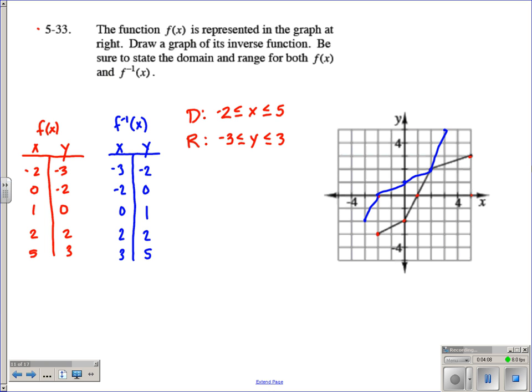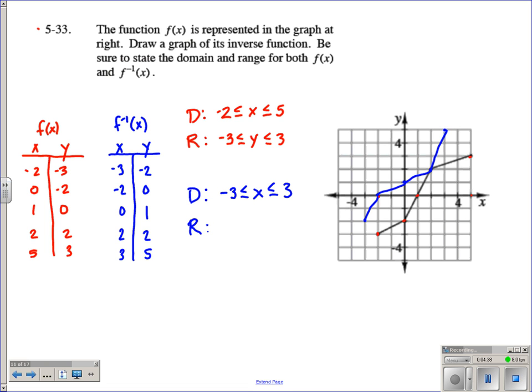Let's do our inverse now, and then we can look and see if there's anything that stands out or is interesting. If we take our domain for our blue function, this is our inverse function, remember? Our lowest point starts at -3, and then it goes all the way to +3. So -3 is less than or equal to x, which is less than or equal to 3.